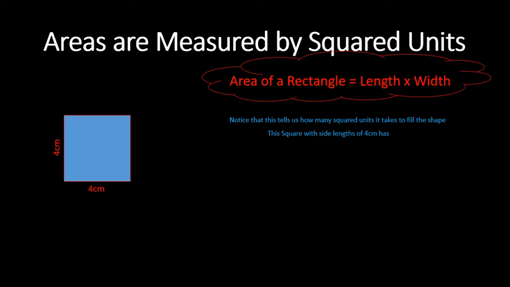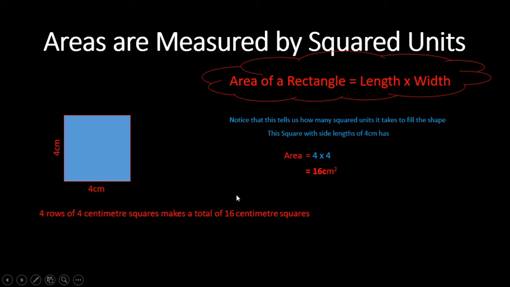Notice that that will tell us how many squared units it takes to fill the shape. This square with side lengths of 4 centimeters has an area of 4 times 4. 4 times 4, that's 16. That's 16 centimeters squared. Now we're used to calling these units of measure centimeters squared with the little 2 up top, but that actually does translate to being centimeter squares.